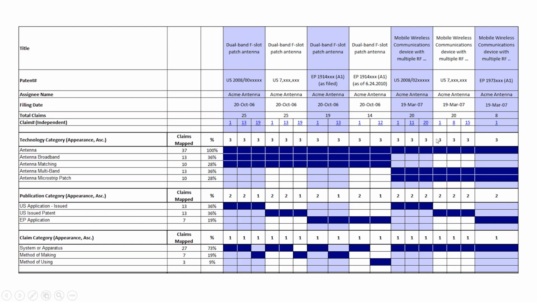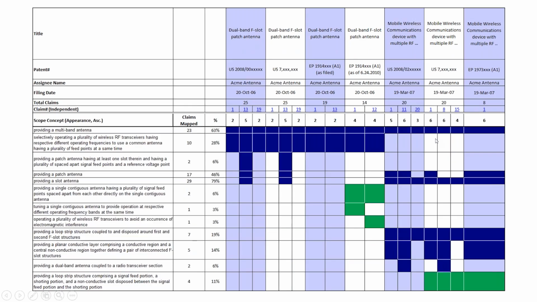So then if we take this a step further, we start digging into the actual claim limitations. Some of these boxes are in green because we want to talk about them a little bit more specifically. But what we're looking at here is what are called scope concepts.